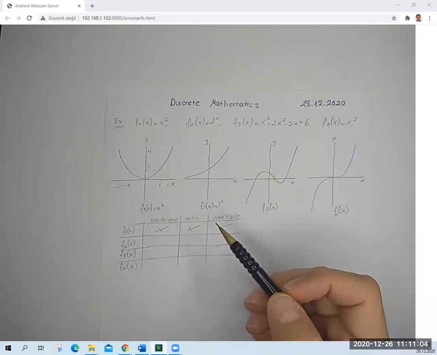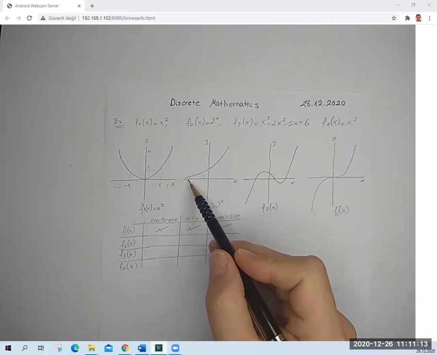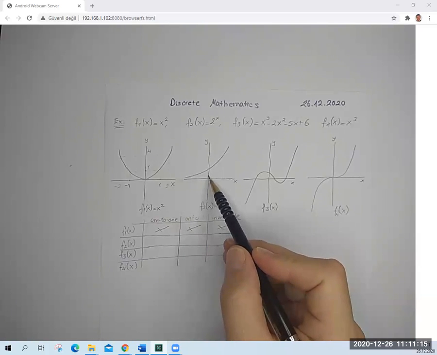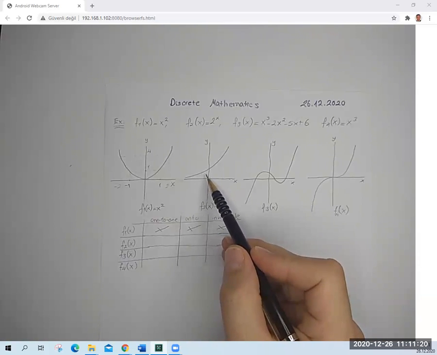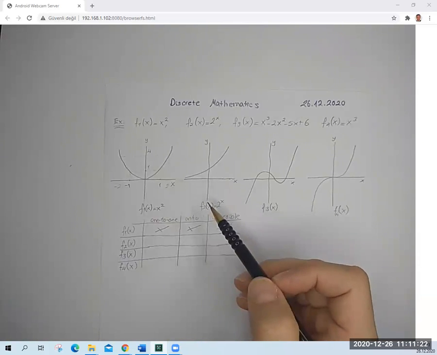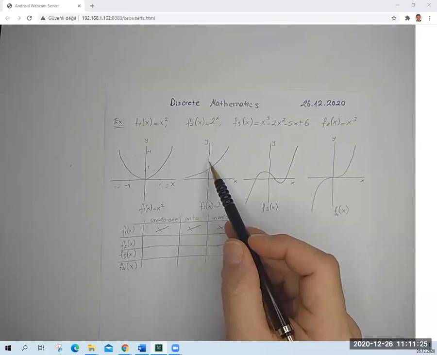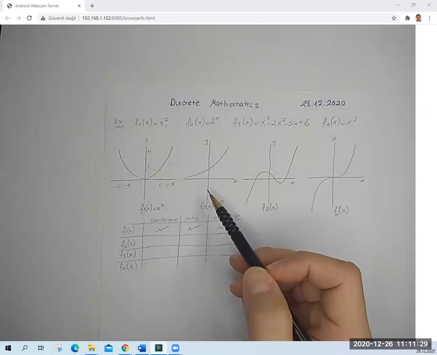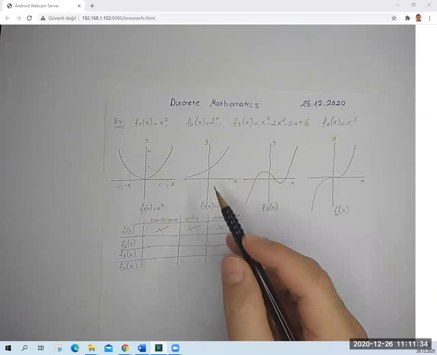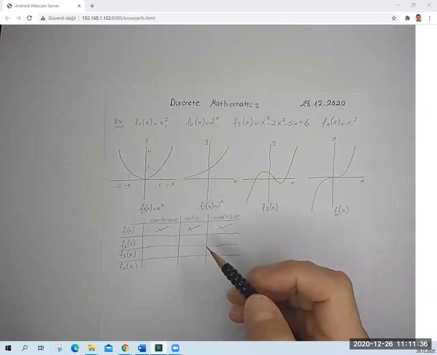F2 of x is one-to-one, yeah, right, Zainab, this is one-to-one because when you write some value, it comes to y as one value, and each member of the domain will come to only one codomain member. There is only one image for each element of the domain set. So this is one-to-one.